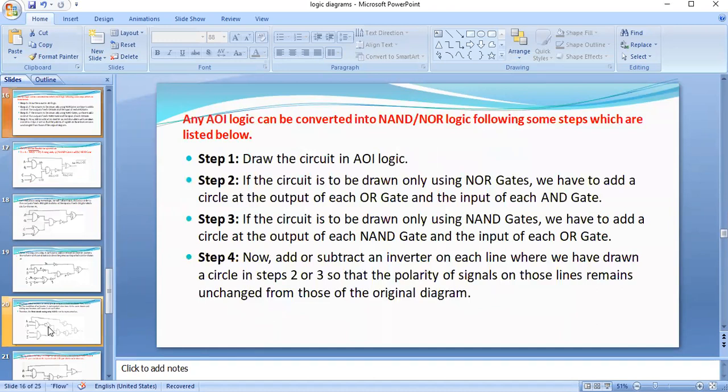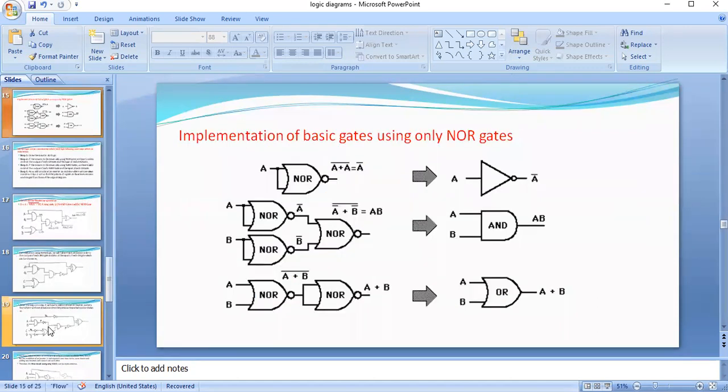Okay, after that, how can we convert the AND-OR logic? Till now we discussed how we can realize the basic gates using NAND gates, and how we can implement an inverter using either NAND or NOR. Similarly, the AND gate using NAND or NOR.